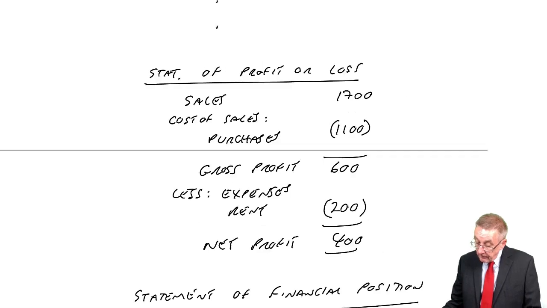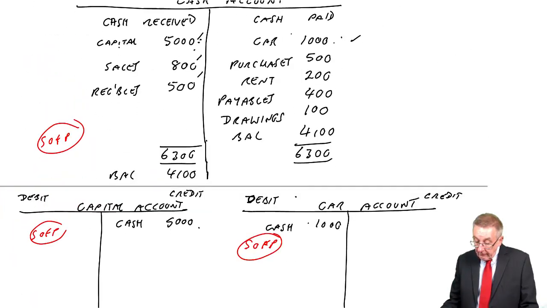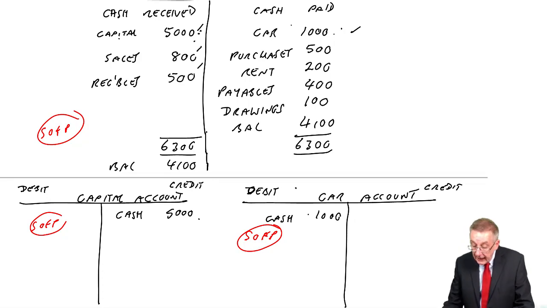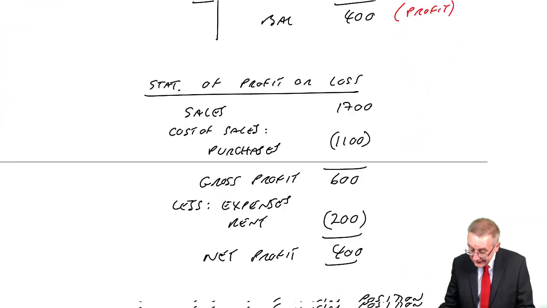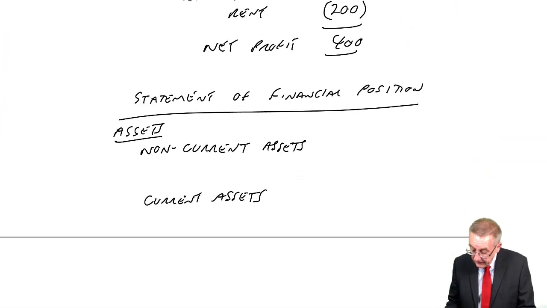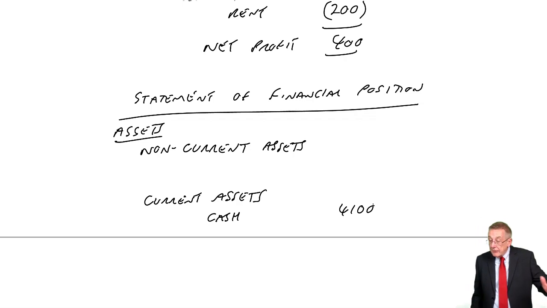What assets are there? Run through. There's a balance left on cash. That's a current asset. Let's list it. Cash, 4,100. I don't touch the balance. I leave the balance there.